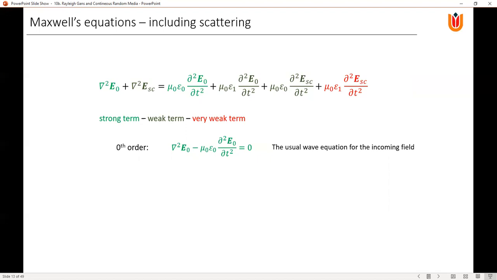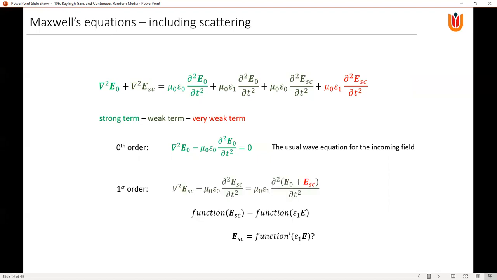If you isolate these orders, then the green terms, the very strong terms, basically just describe the wave equation for the incoming field, E0. And grouping the first order terms together, for the scattered field, on the left hand side we would have the Laplacian of the scattered field.